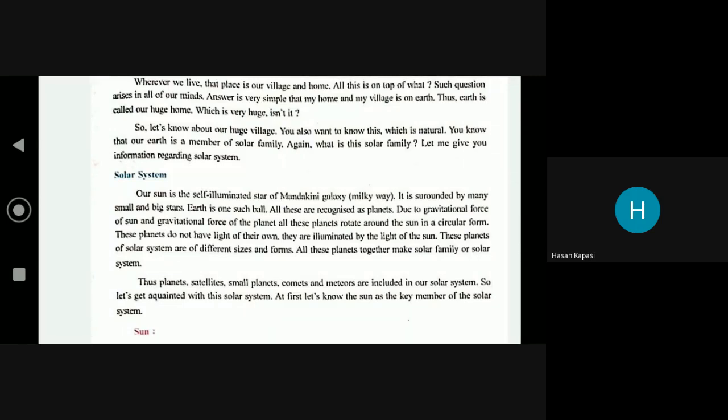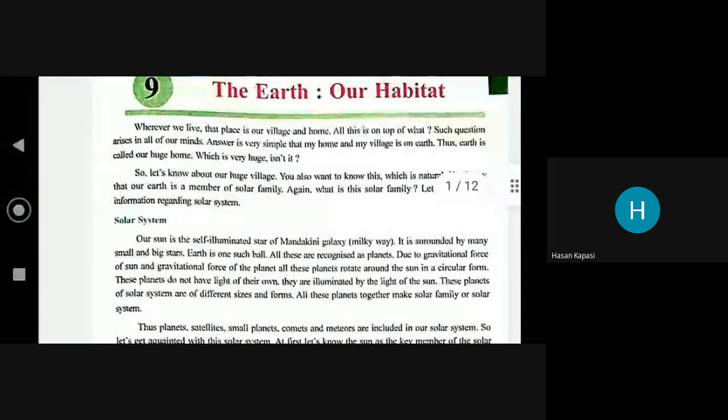Absolutely correct. Now, this is a very, very interesting chapter which we are going to learn. Now, listen carefully. You know, Hassan, where do we live? Shafiq, where do we live? Anyone knows where do we live? We live in our house, right? In our home, right? And on what is this home? On Earth.